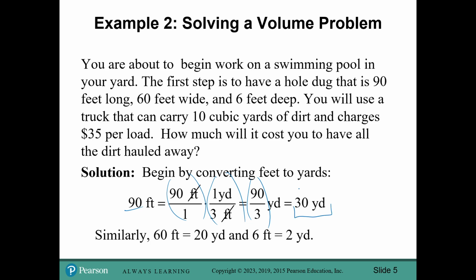So converting this 90 feet into yards is 90 divided by 3, which converts that to 30 yards. Similarly, if we convert 60 feet into yards, we're just dividing 60 by 3 because there's 3 feet in a yard. We wind up with 20 yards, and the same thing with 6, dividing by 3, which gives us 2 yards. So our hole is 30 yards by 20 yards by 2 yards.